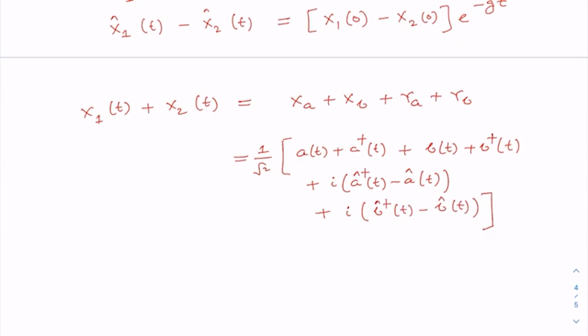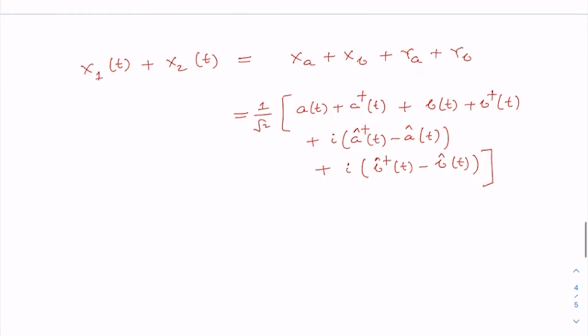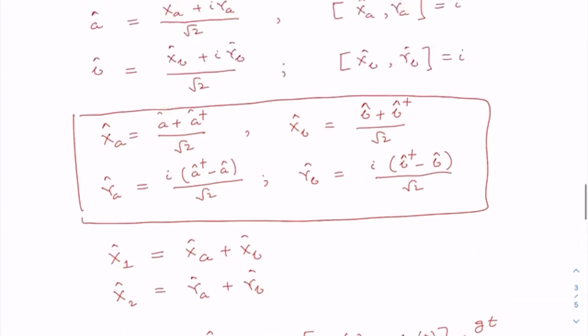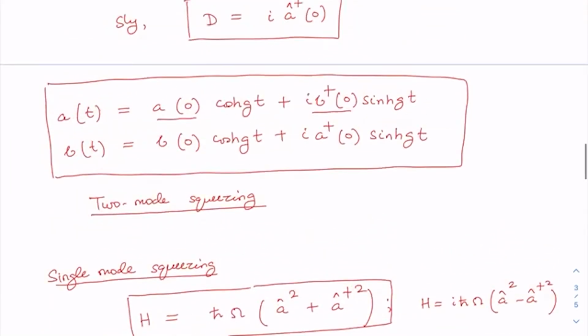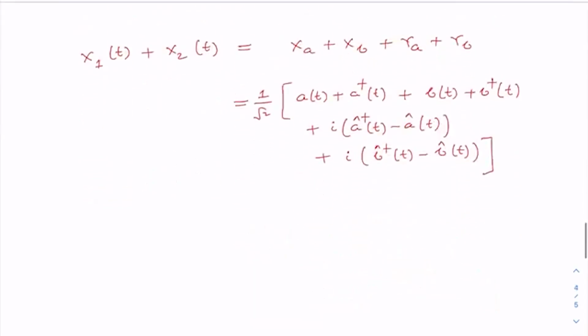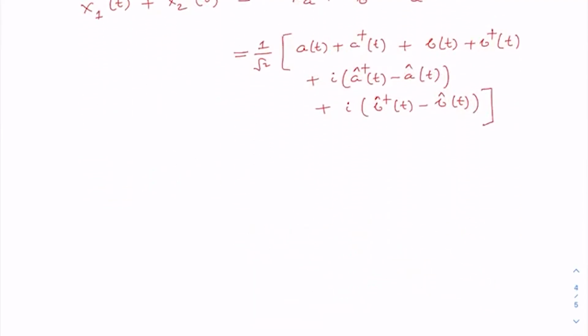Now we know the solutions a of t and b of t, and you can also get the corresponding a dagger of t and b dagger of t. You just need to put these solutions there, do a bit of straightforward algebra, and then you will be able to finally show that x1 of t plus x2 of t, this sum of the normal coordinates, gets amplified as time goes on.